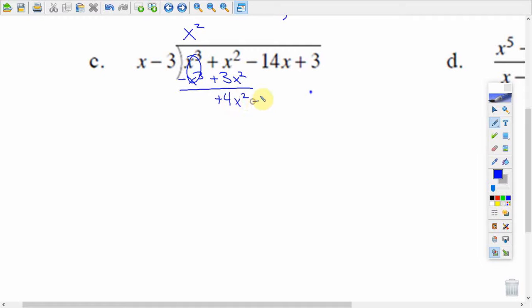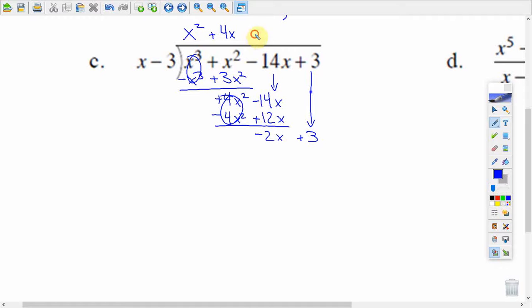4x squared minus 14x. Bring that down. So this has to be plus 4x to get 4x squared minus 12x. Subtract both of those. That gives me negative 2x plus 3 after it comes down.